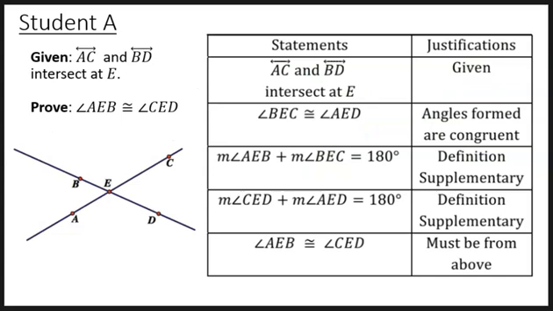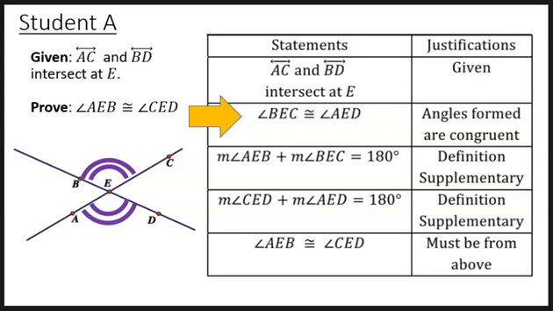Student A decided to write a 2-column proof. First, they started by listing what was given, which is an excellent way to start. Then they list that angles BEC and AED are congruent. This statement and justification lacks logical reasoning. Even if it is true that these 2 angles are congruent, we'd need a previously proven statement or logical reasoning.